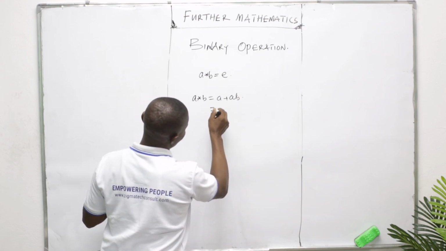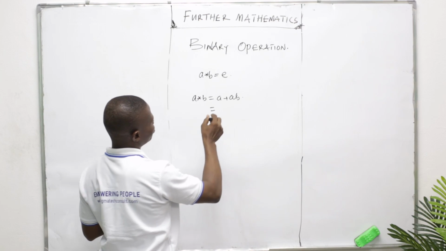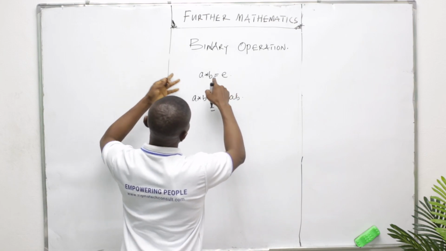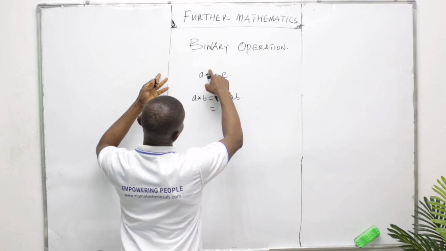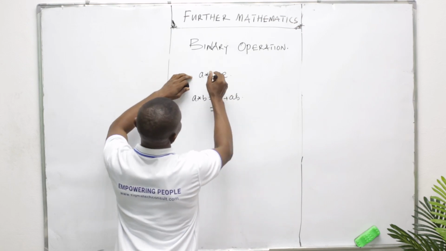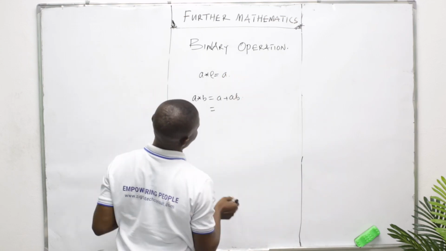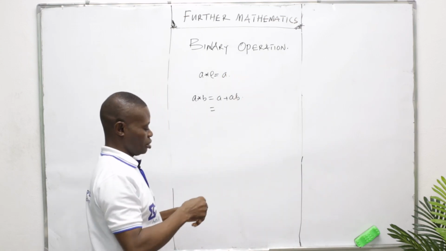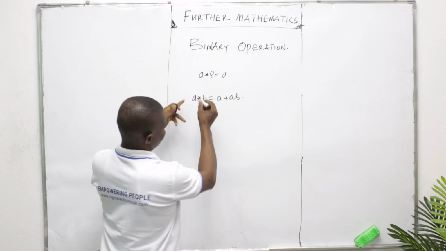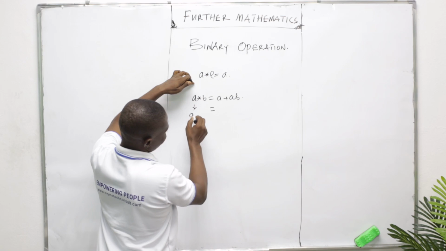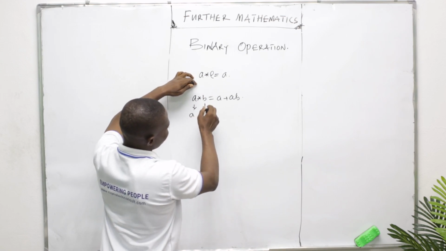Meaning, if you are to solve A operating on, okay, let's say this operating on this equals A. Whatever you see as the first one is your A. So the second person is going to be who?